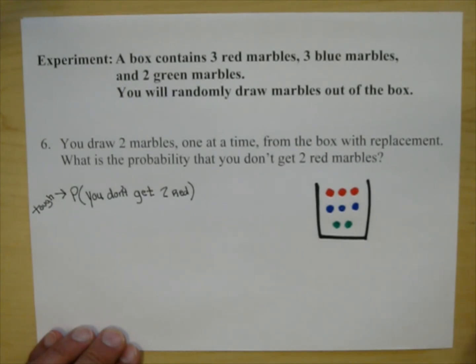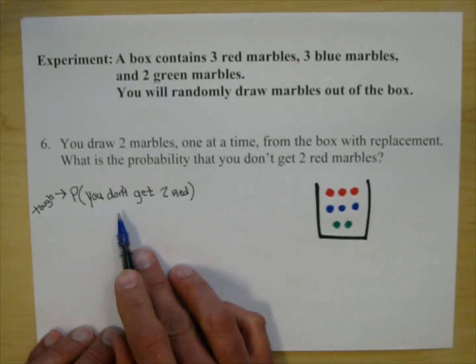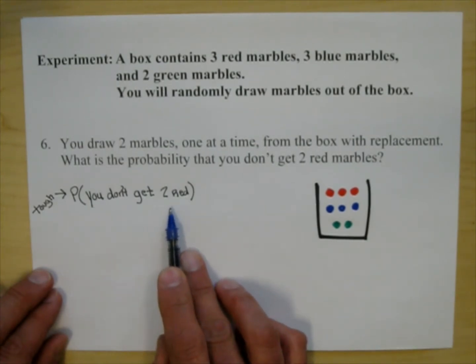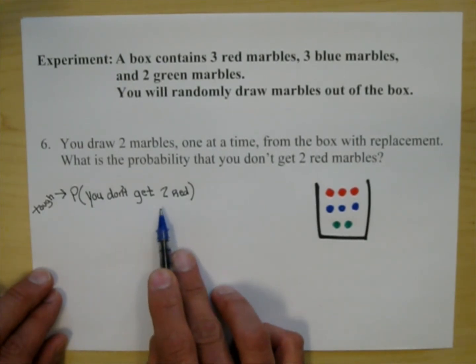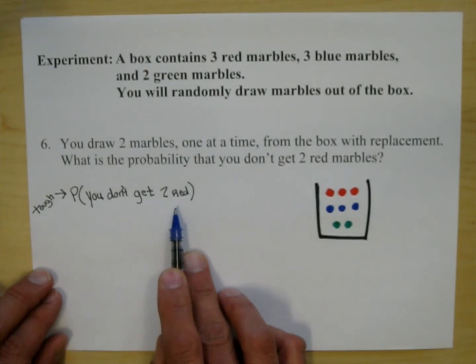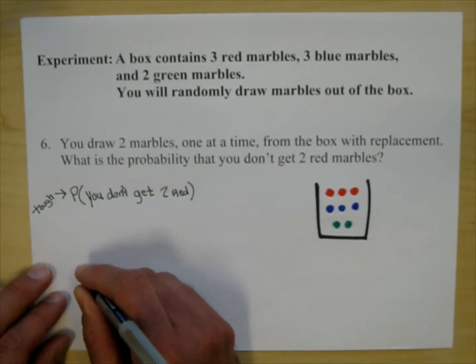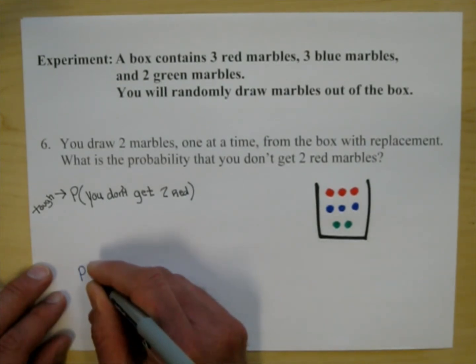So what we want to do on problems like this is we want to consider the negation of you don't get two reds. What is the negation of you don't get two reds? You do get two reds. So I'm going to go ahead and use a different color. I'm not going to use red, I'll use blue.